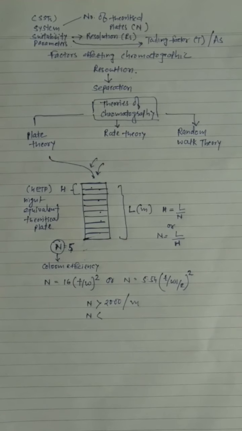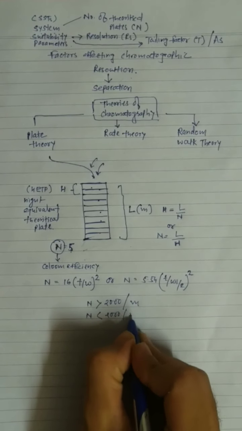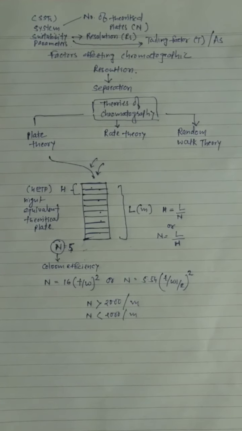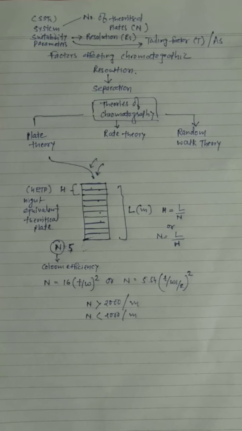But when the value of N is less than 2000 plates per meter, you can comment that your system is not suitable for a given operation. Why is it not suitable? Because of only one reason: your number of theoretical plates is less than 2000 plates per meter. Because a good equilibrium cannot be established if you have a number of theoretical plates less than the mentioned limits. So this is the outline of plate theory.